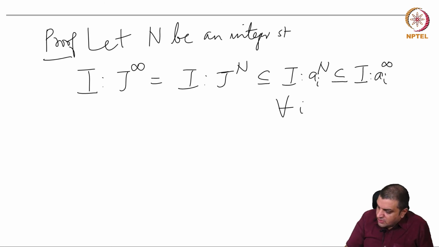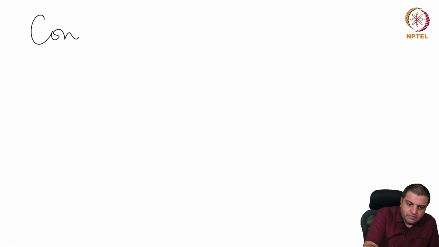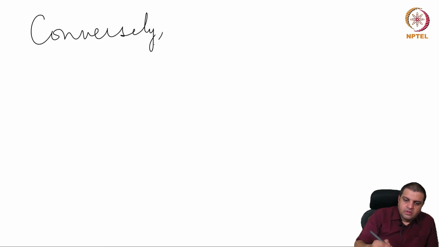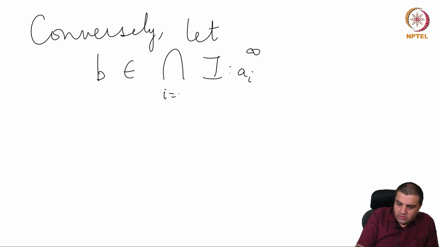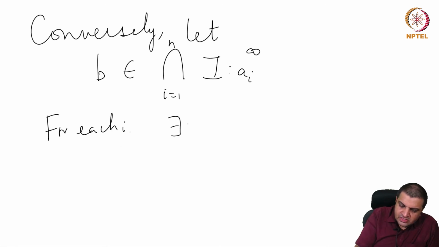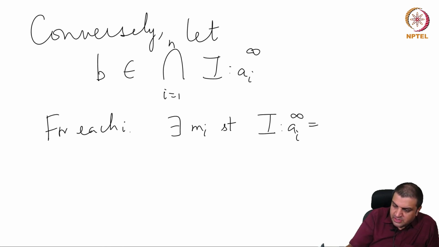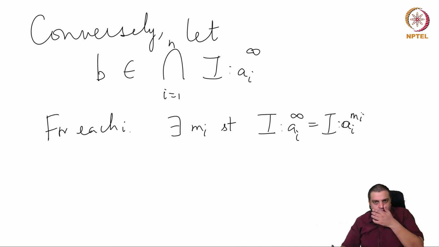For the other inclusion, conversely, we'll take a b in the intersection. So for each i, there exists some mi such that I colon ai saturation is I colon ai to the mi, and this is the stable value.